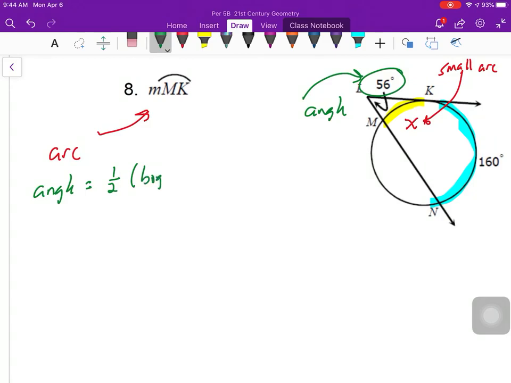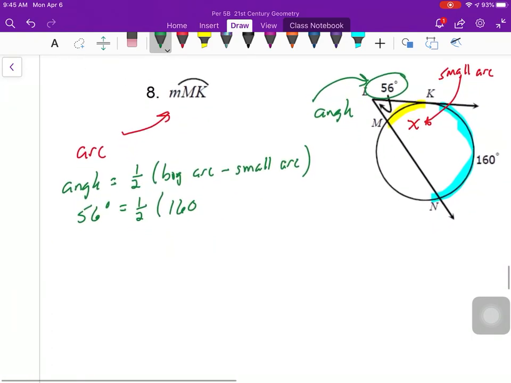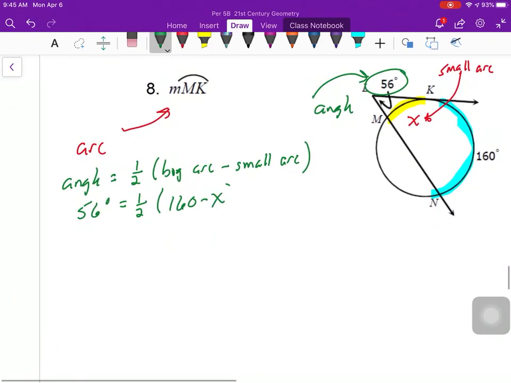Here's our angle. The angle equals half big arc minus small arc. So the angle, the 56, will equal half, and the big arc is 160, and the small arc this time is our X.